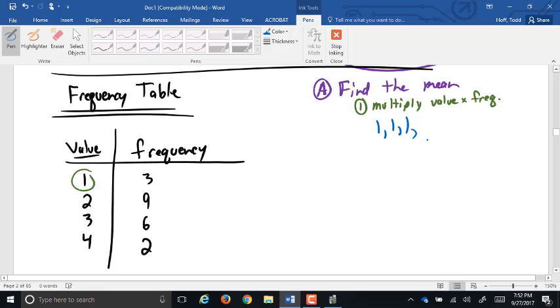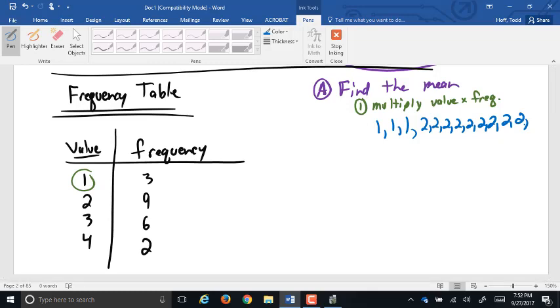How many 2s are in the set? There's 9 of them, right? 1, 2, 3, 4, 5, 6, 7, 8, 9. And then there's 6 3s and so on. Well, to find the mean, we have to add them up, don't we? So by multiplying the value times the frequency, we're just starting to add them up. So there's 3 1s.